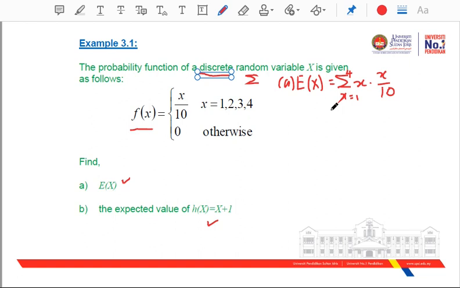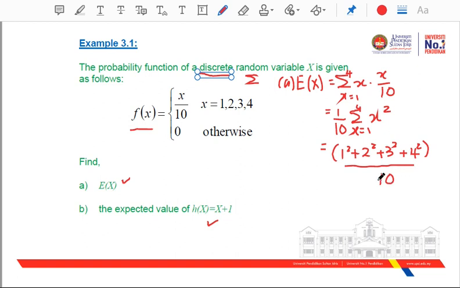When you have a constant, I would advise you to put it outside like this, with x going from 1 to 4. x times x is x squared. So how to do it? You just substitute: x equal to 1, so 1 squared plus 2 squared plus 3 squared plus 4 squared, divided by 10.